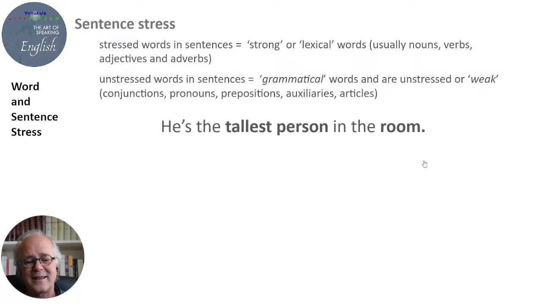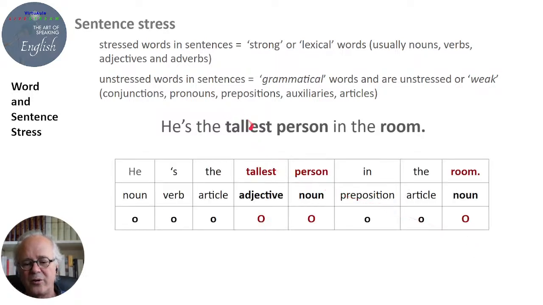Let's look at an example. He's the tallest person in the room. Just saying this in a natural way, he's the tallest person in the room. We're going to see the stress fall on the words tallest, person, and room. You have the pronoun he, the verb is, the article the, the adjective tallest.